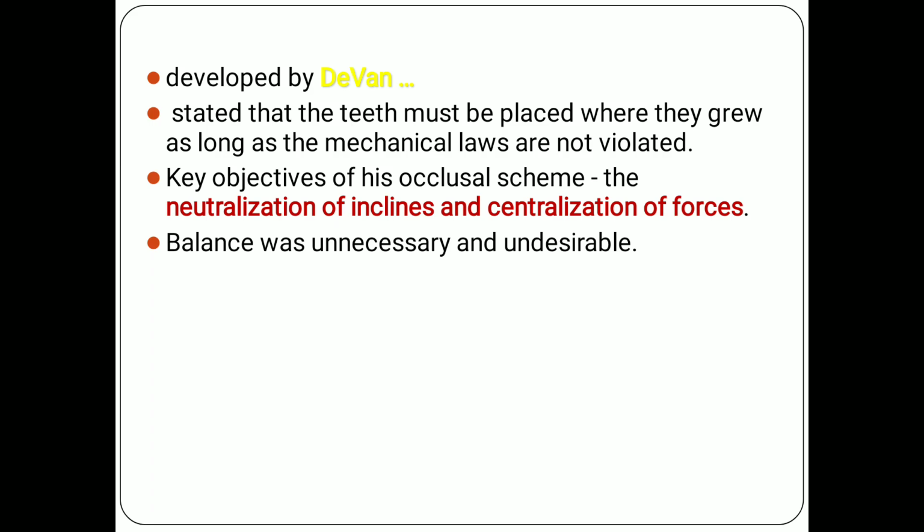What type of occlusion? Class 1 occlusion and class 1 canine relationship. These two are the important aspects where they see. First, immediately when they see your teeth setting, they observe these two things: whether you kept the maxillary teeth and mandibular teeth in class 1 molar relation and class 1 canine relation.